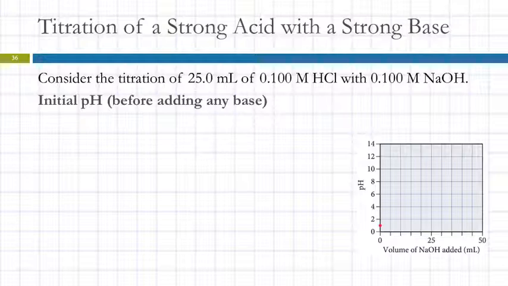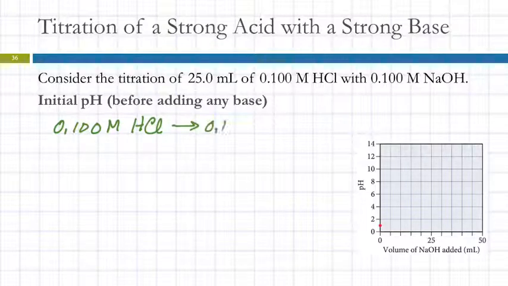So now we're going to look at that same situation. We're titrating the 0.1 molar HCl with 0.1 molar sodium hydroxide. Let's calculate the initial pH before we add any base. So initially we have a 0.1 molar HCl solution. What kind of an acid is HCl? It's a strong acid, so it ionizes completely.